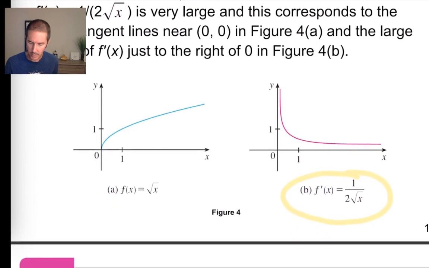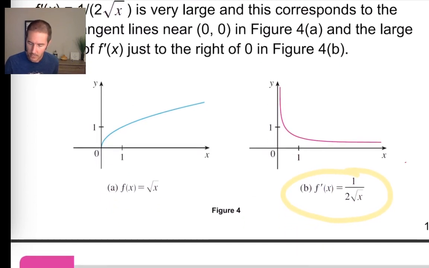And look what happens if we take an x value that's quite small. In other words, an x value that puts us just to the right of the y-axis. If we plug in an x value like 0.01 maybe, and we take the square root of 0.01, we get 0.1, we multiply it by 2, now it's 0.2, and then that's our denominator, so we've got 1 divided by 0.2, which is equal to 5.